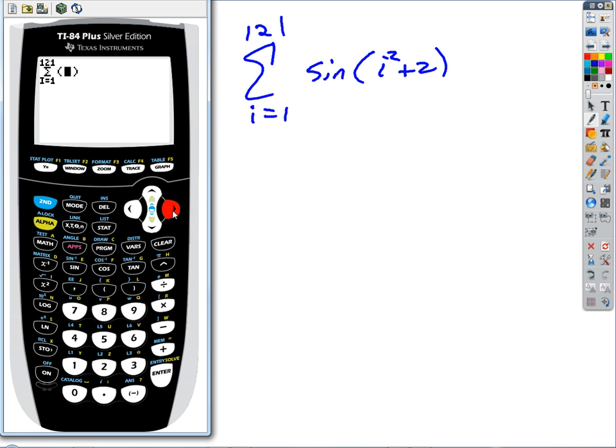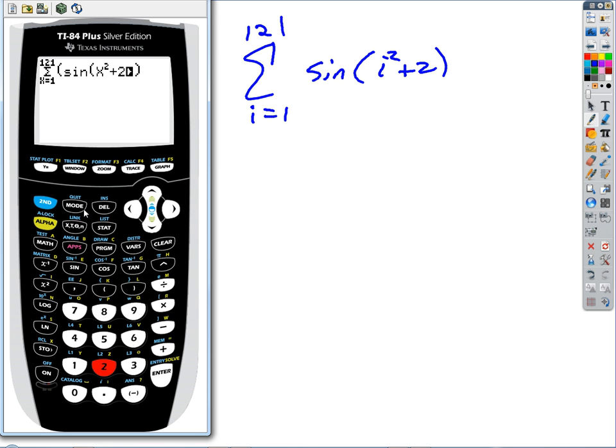And then in there, I'm just going to put a function of i. Maybe x is easier, because then you can just hit the x. In fact, I'll do that. Let's make it an x. Okay, so then I would just do sine of x squared plus 2.